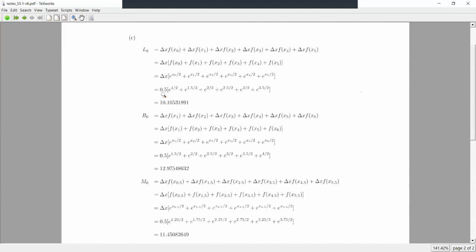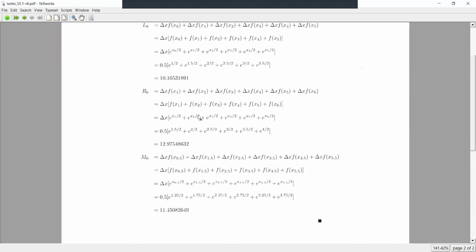Now plug in the values for delta x and the cutting points. Then we get this equation. The value of delta x is 0.5, x0 is 1, x1 is 1.5, x2 is 2. Then with a calculator, we get that L6 is this number.